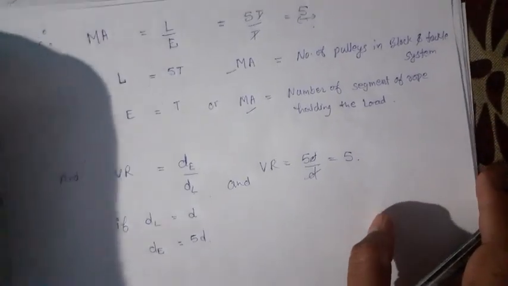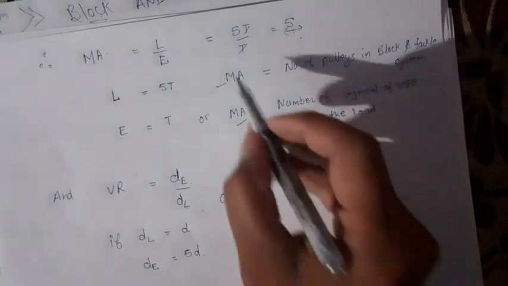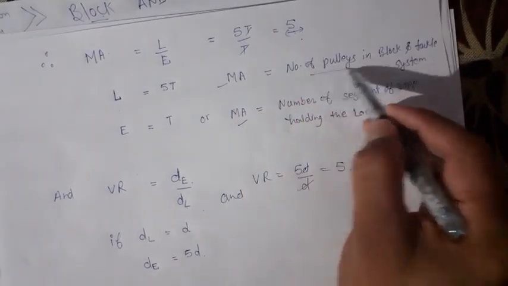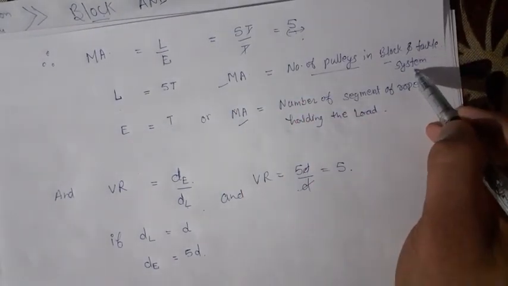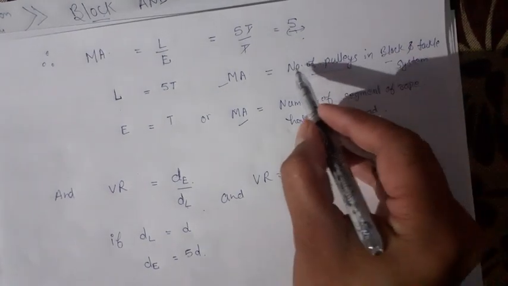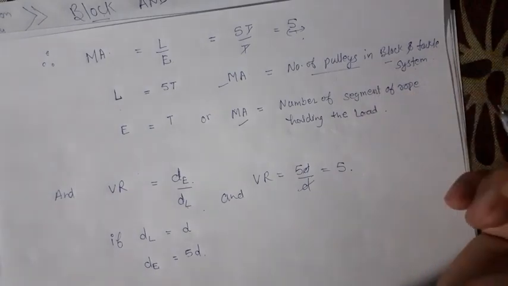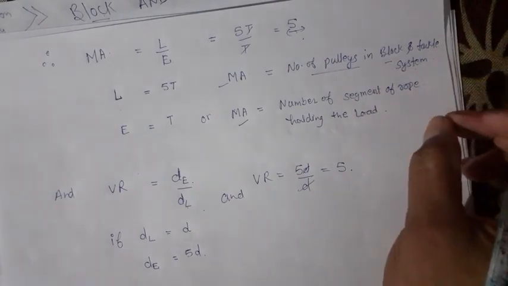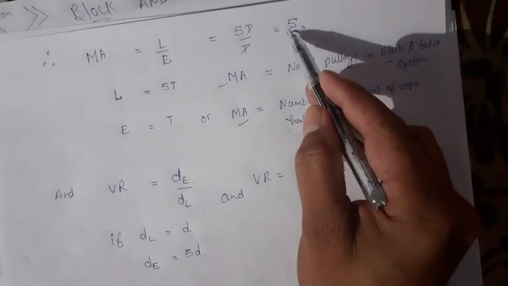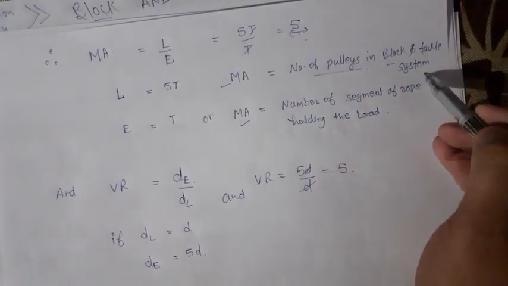But now, student, remember one thing over here: this mechanical advantage will be equal to the number of pulleys in the block only when we have an ideal pulley system. When we have an ideal pulley system, then mechanical advantage is equal to the number of pulleys in the block.